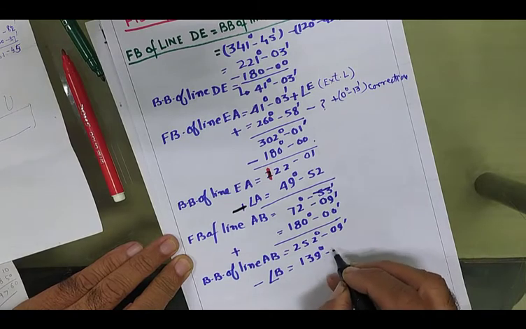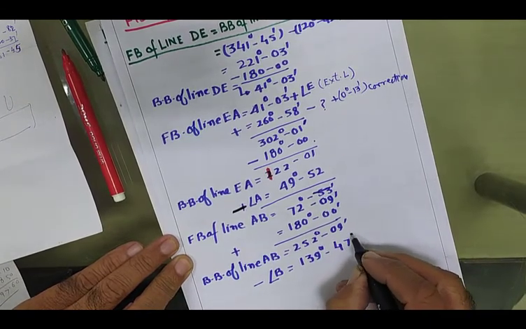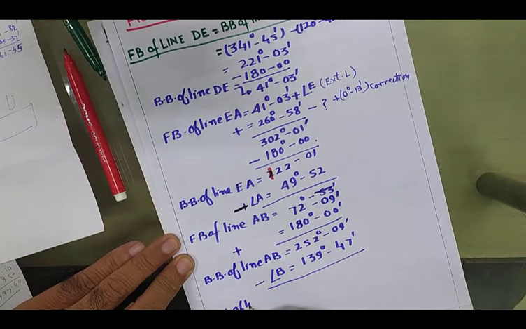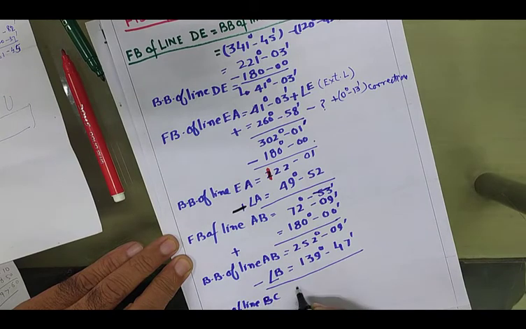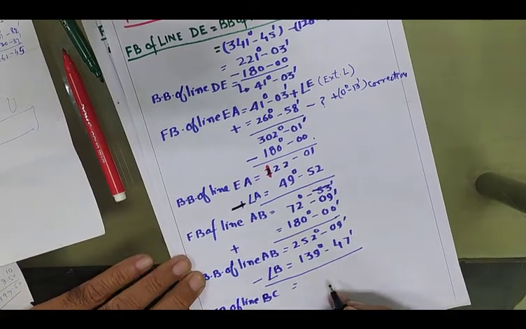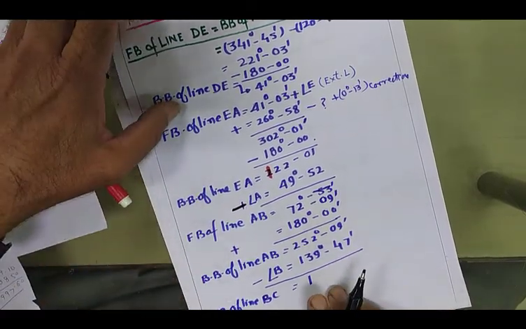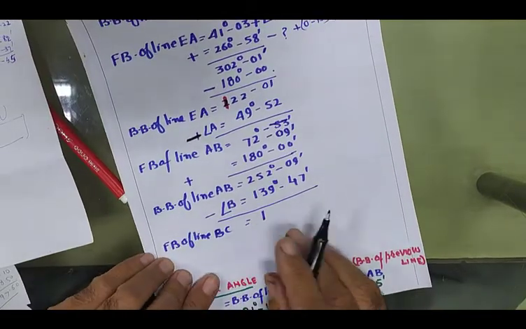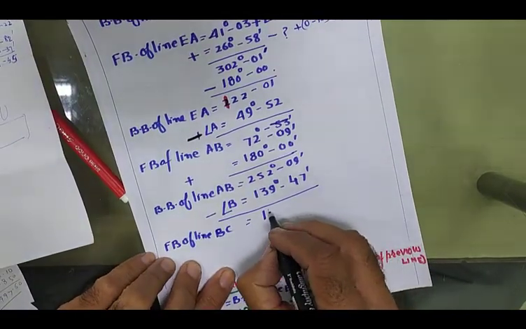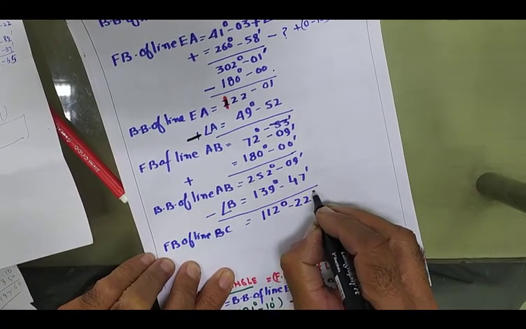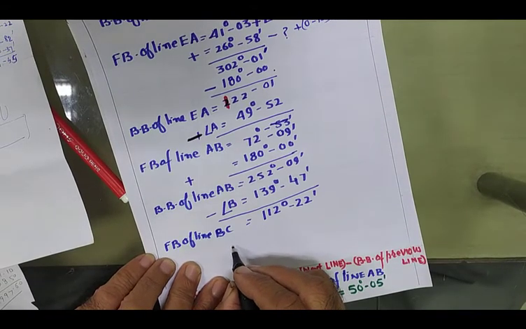So after deducting, this comes to be 112 degrees 22 minutes. Okay, so this is the forward bearing of line BC.